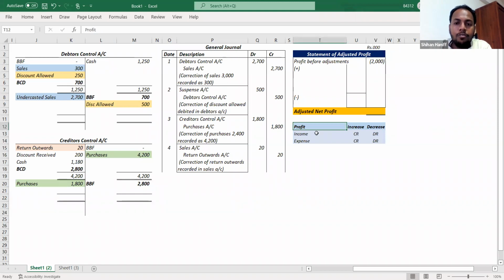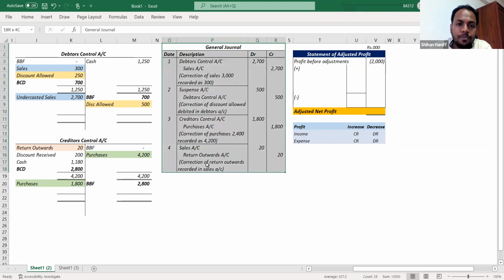Okay, so simply from this, we can come to a conclusion. Income or expense credit means profit will increase. Then it is plus. I'll repeat again. In the general journal, you identify income and expense accounts.